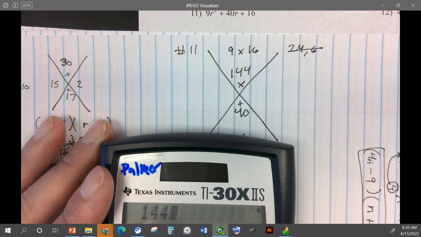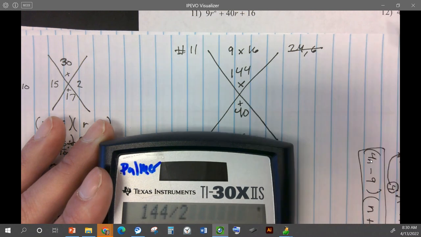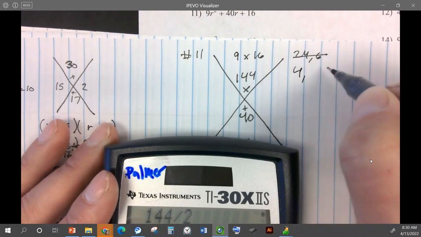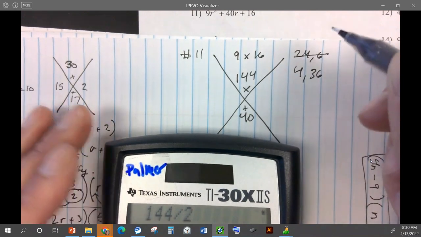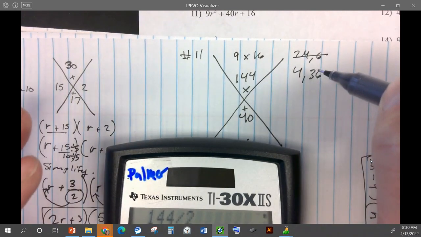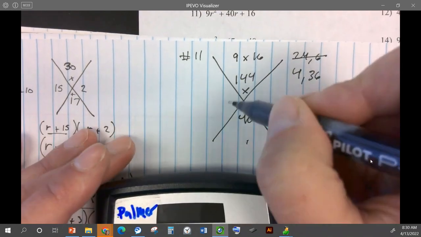What about 144 divided by 2? Oh, now I can't. Okay, 144. Which one? 4 and 36? Perfect. So 4 and 36. So how do you just know that one? Or how do you just calculate it? Okay, that works too. I was just wondering if you had a trick.